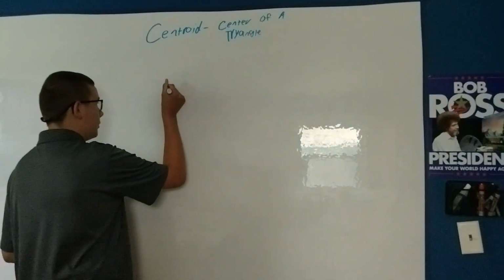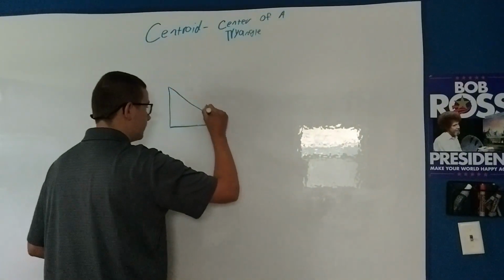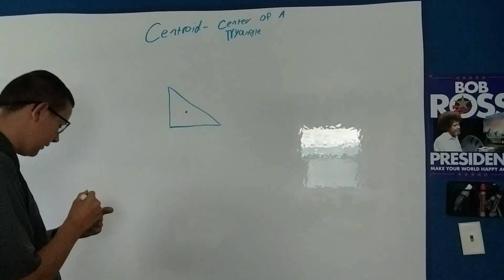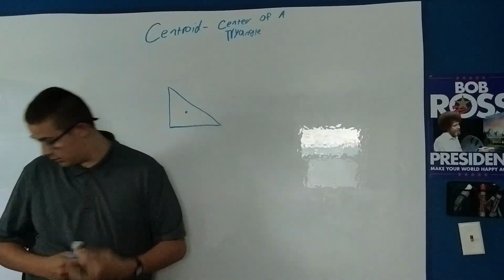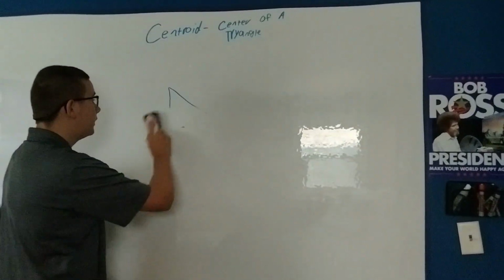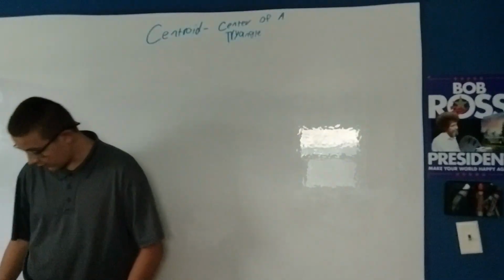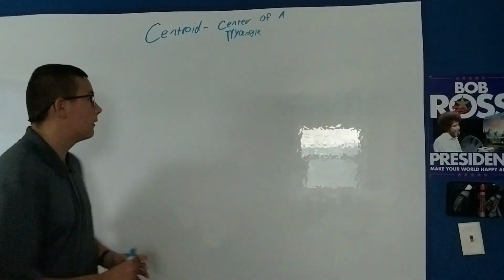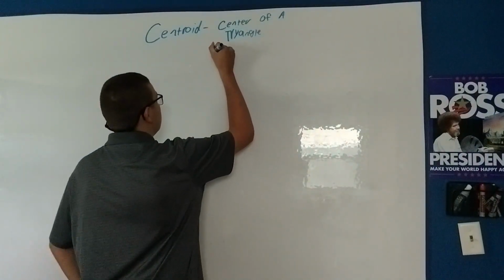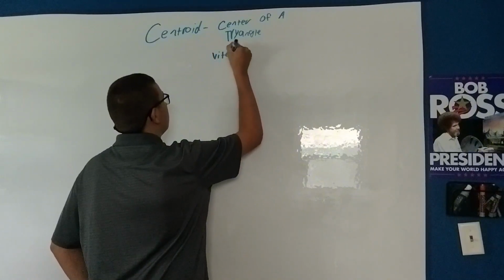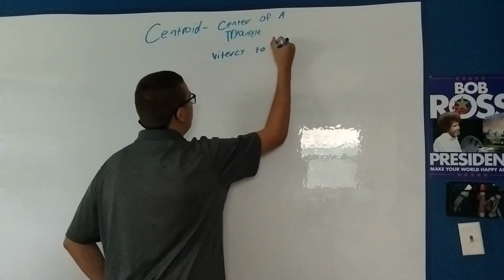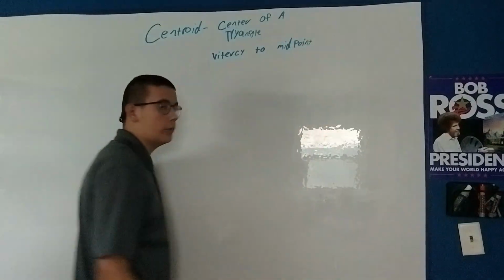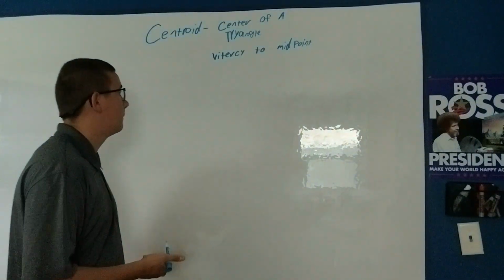So if we had our triangle here, right triangle, the best triangle, the center would be somewhere about there, but we're going to prove this using the centroid. And to find the centroid, to prove it, you will take a line that connects the vertice to the midpoint on any side of the triangle.